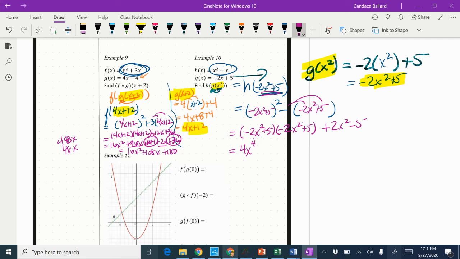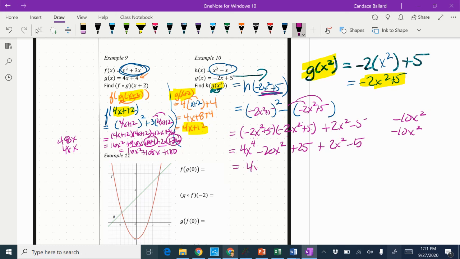Negative 2x squared times 5 would be negative 10x squared. I'd have that again in the center, so that would be negative 20x squared. 5 times 5 is 25, and then we have plus 2x squared minus 5.